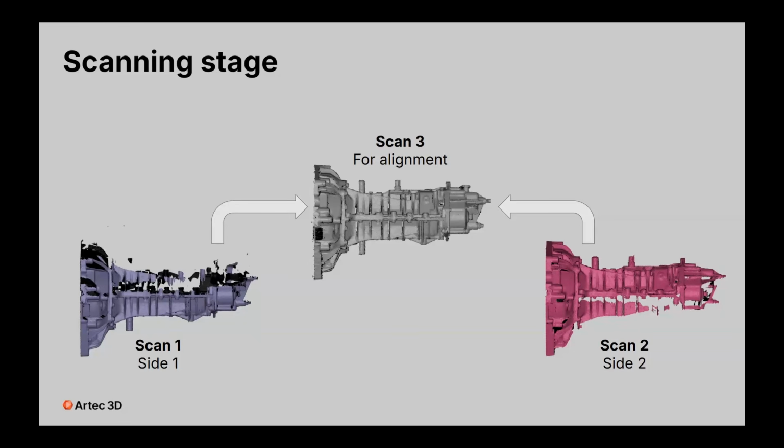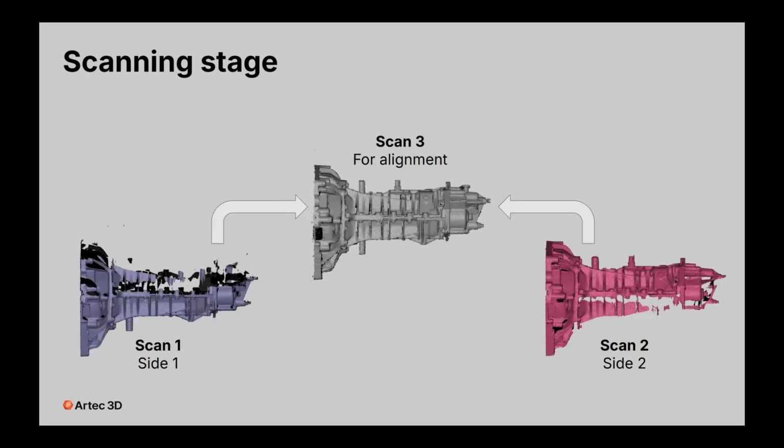The first scan was made in upright position, the second one in upside down position, and the third one was made in a vertical orientation of this transmission. Actually we can make a final fusion just out of scan 1 and scan 2 because they essentially have all of the geometry coverage of the object. We don't need the third scan for the geometry information because it's all there on scan 1 and scan 2.